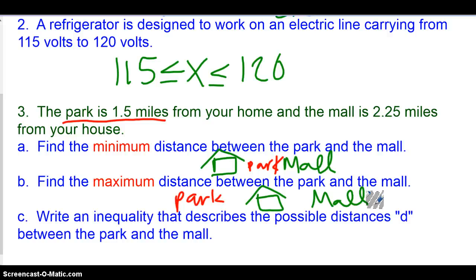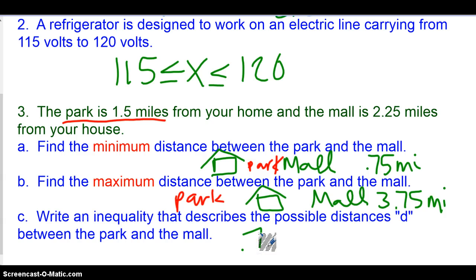So if the park was here and the mall was here, how far away would they be? I'm going to say 0.75 miles. Can you figure out why? And then what's the farthest they could be? 3.75. Do you see why? Check it out. See if you can figure that out.